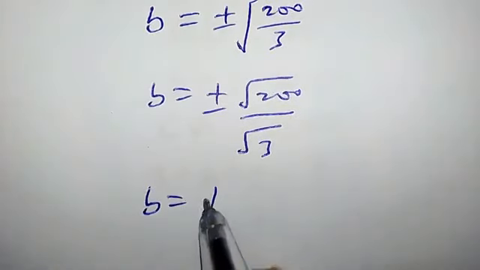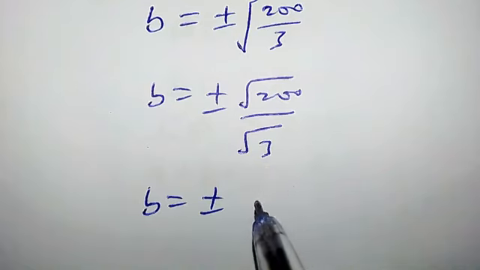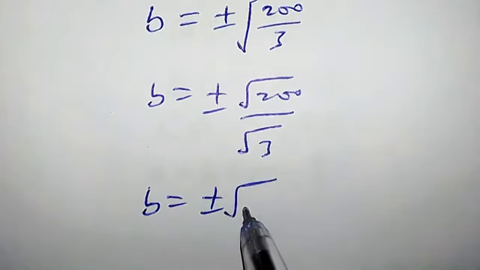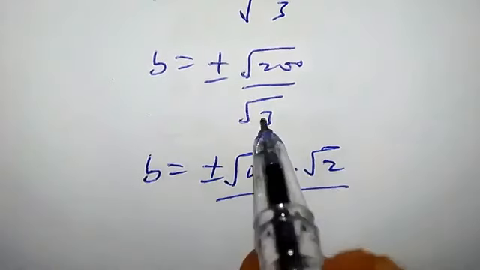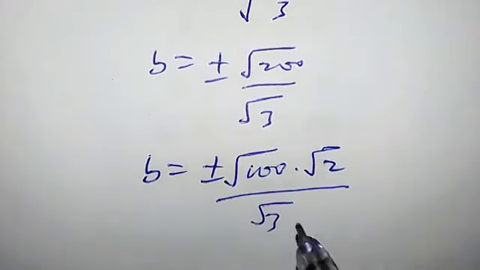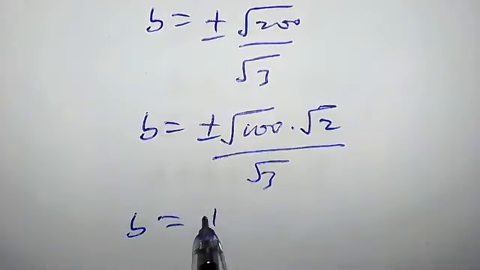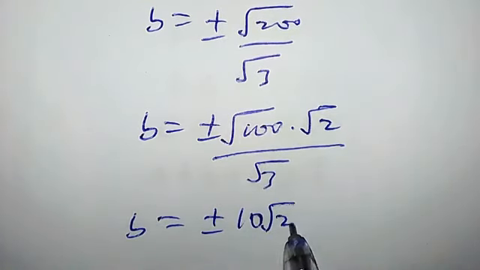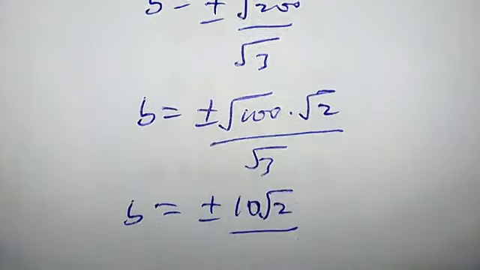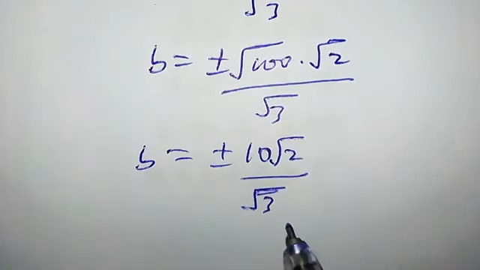So B equals plus or minus square root of 200, which is the same thing as square root of 100 times square root of 2, over square root of 3. So this gives B equals plus or minus square root of 100 is 10 times square root of 2 over square root of 3.